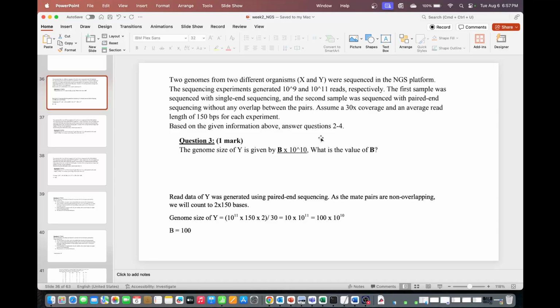Yeah, the first is 0.5. That is correct. The first question number three, then it's not 100. It's shown as 5 into 10 to the power 11 or 15 into 10 to the power 10. Then the coverage was 300x. Let me check. I think there might be some issue.